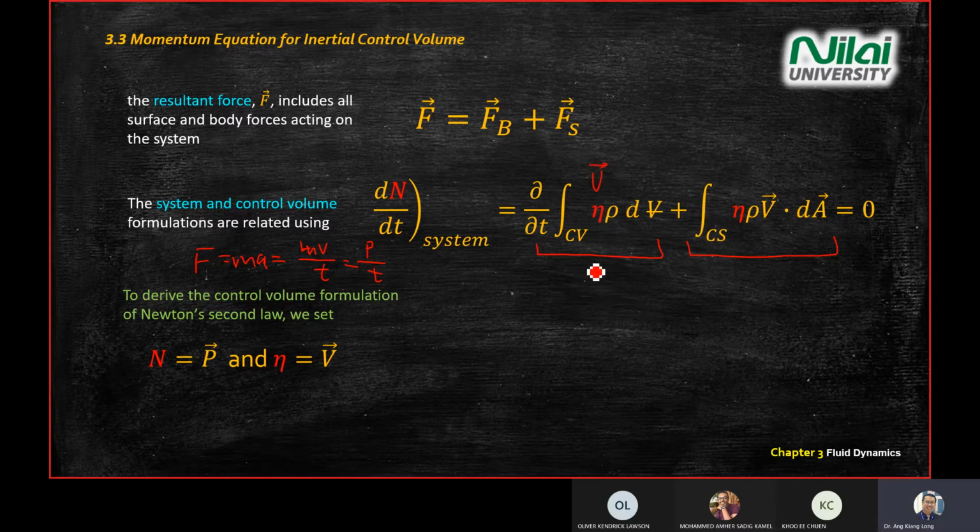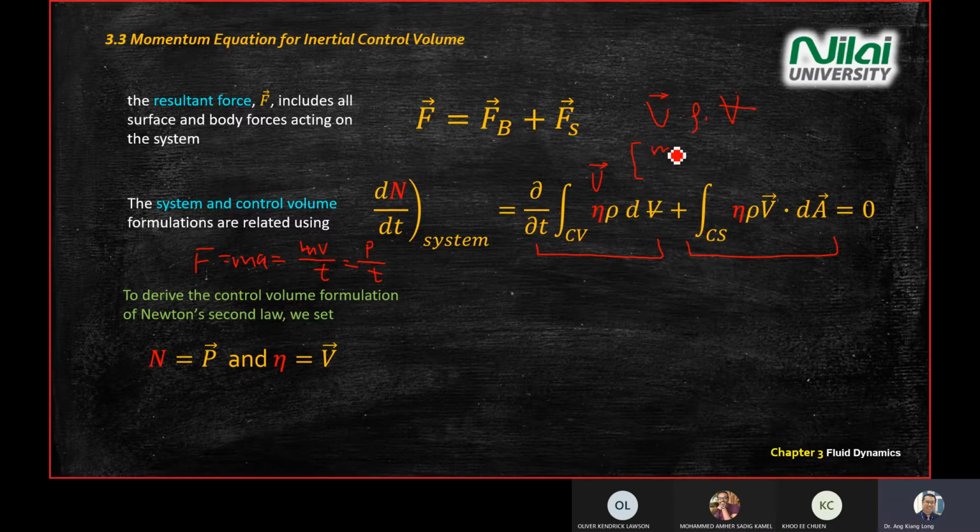So how do you know that this is a momentum quantity? You just do a dimensional analysis. You take velocity times density times volume.